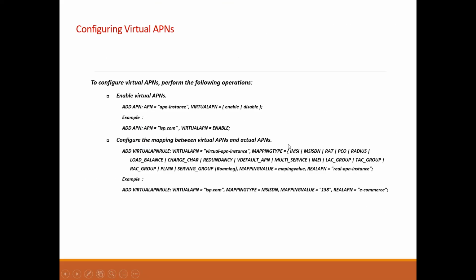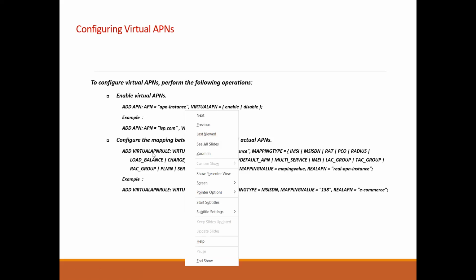For example, I decide as a telecom operator that I have IMSI starting from 41008 and then 12345. I'm going to type it over here to give you a better understanding.